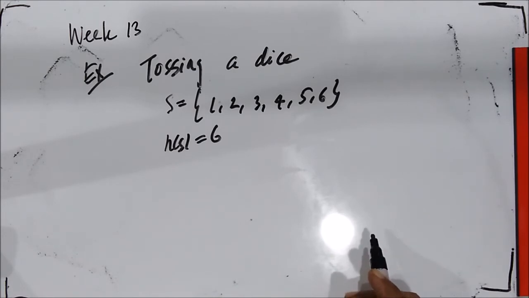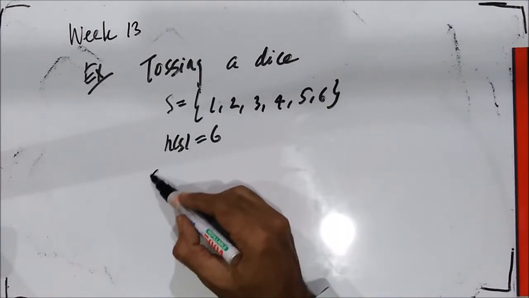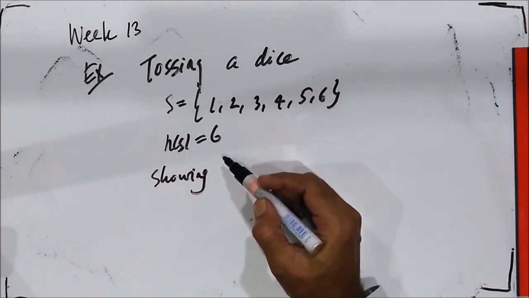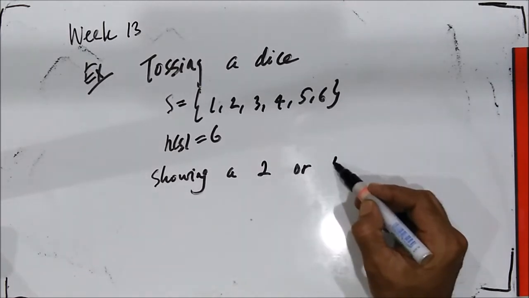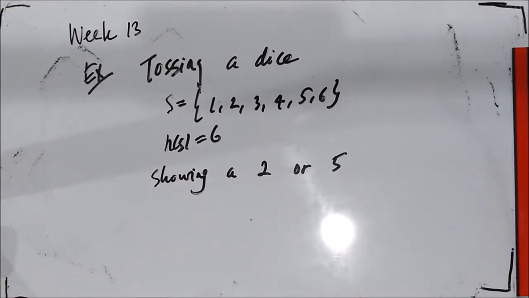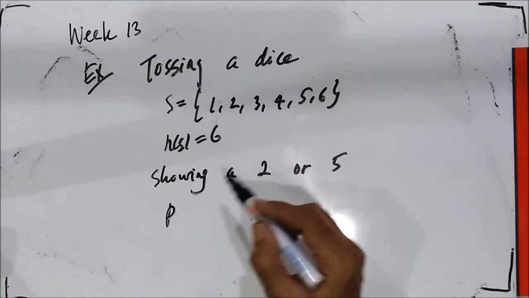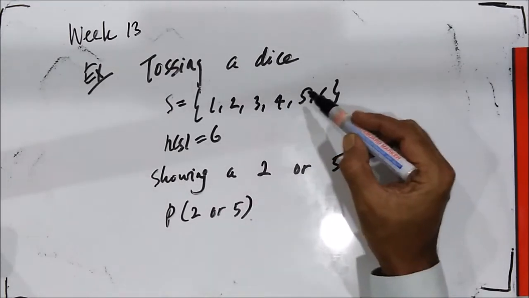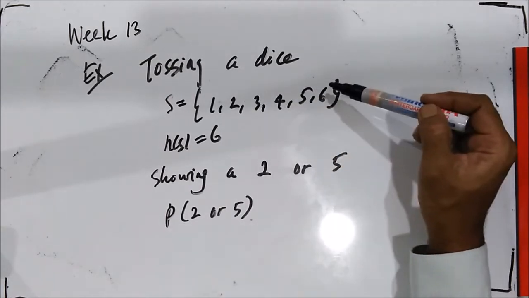So let's say I want to find the probability of tossing a dice and the result showing a 2 or 5. 2 and 5 cannot occur together, because if 2 occurs, 5 cannot occur.